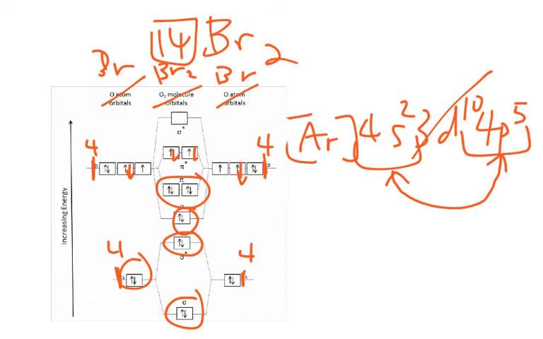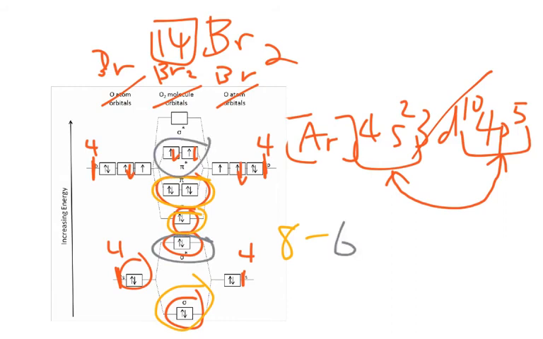So now let's find the bond order. So the bond order will be the number of bonding electrons, so 8, minus the number of non-bonding, or anti-bonding electrons. So the anti-bonding electrons will be 2, and then 6. So 8 minus 6 all over 2 is going to be 1.